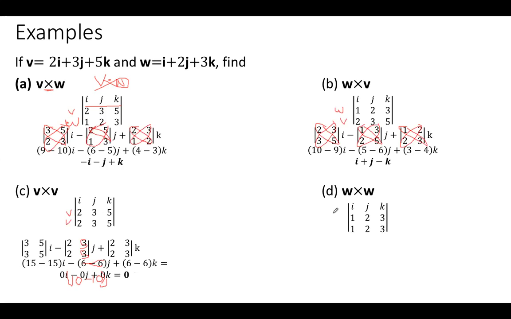It's also going to be 0 anytime you do it with itself. So these are the coefficients for your W's. Set it up, ignore I, then do 2, 2, 3, 3 times I, minus, ignore J, 1, 1, 3, 3 times J, plus 1, 1, 2, 2 times K. You'll see again, you will get 0 as your answer.